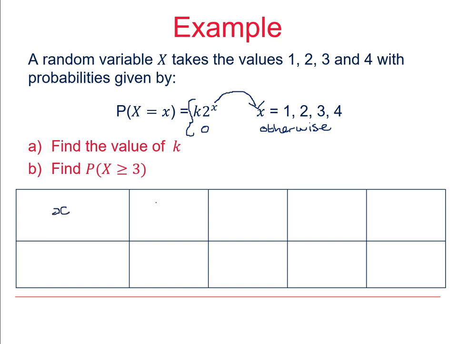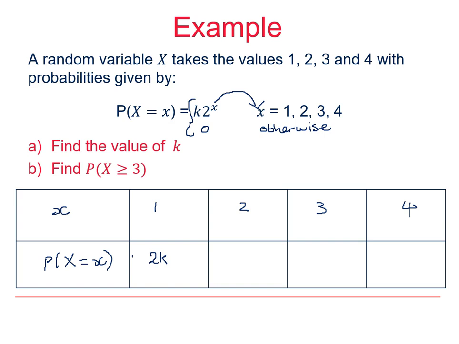So if we write down on our top line here all the possible outcomes, 1, 2, 3 and 4, and then underneath we write down the probability of getting each individual outcome. The probability of getting 1 would be k multiplied by 2 to the power 1, so that's 2k.